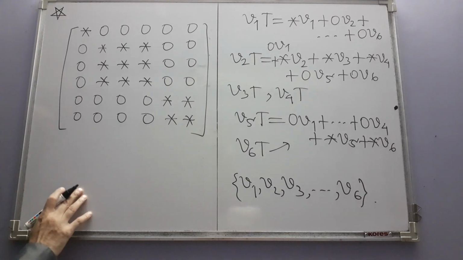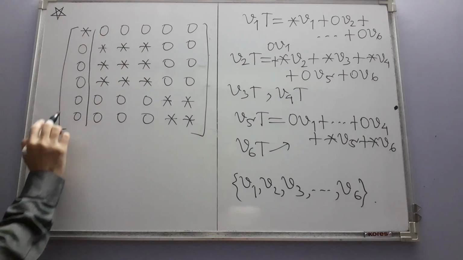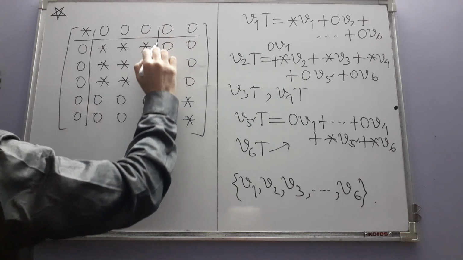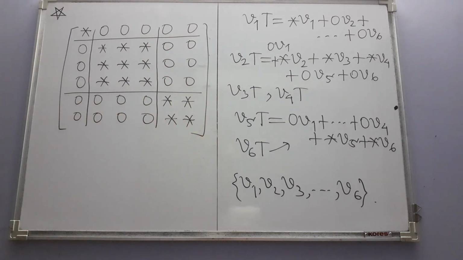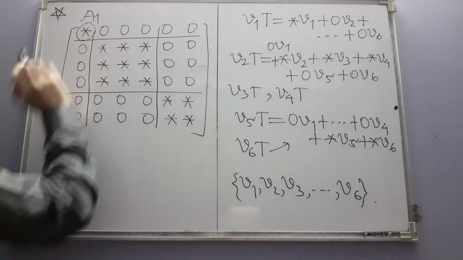Now if you look carefully, this matrix can be divided into blocks like this. This block is your A1.